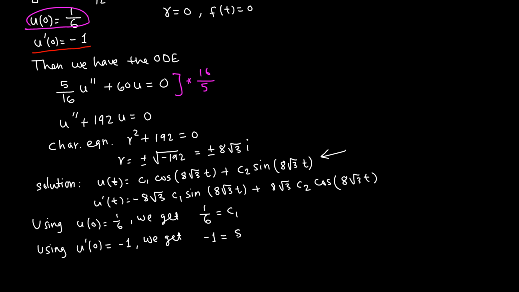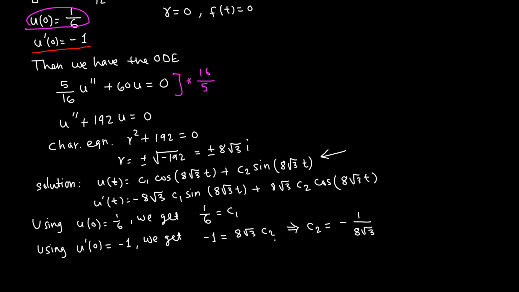Here we have now 8√3 c2 cosine 0, and cosine 0 is 1, so that implies c2 equals -1 over 8√3. So we have c1 and c2. We go back here and plug in and find the solution u of t.